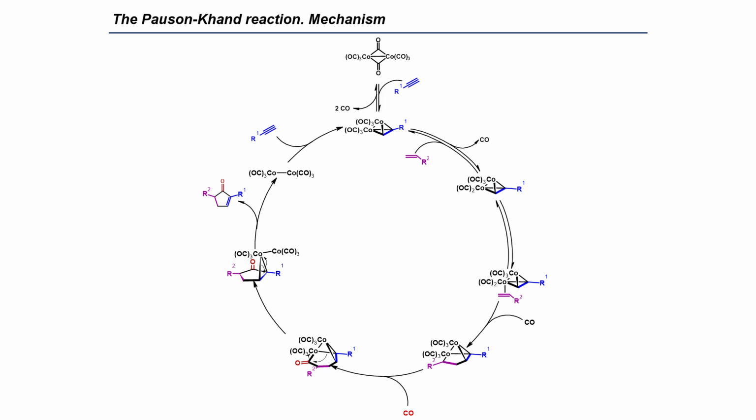Then one of the cobalts will suffer a reductive elimination, and then the second reductive elimination will lead to the loss of the dicobalt hexacarbonyl complex, delivering this cyclopentenone.